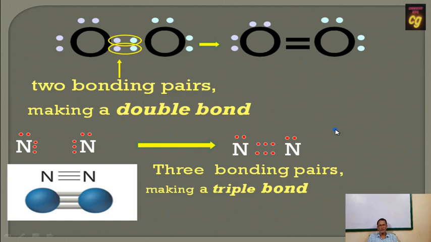This is the structure of the nitrogen molecule, N triple bond N, indicating the N2 molecule has 3 covalent bonds and the O2 molecule has 2 covalent bonds. So this is the formation of single bond, double bond and triple bond types of covalent bonds.